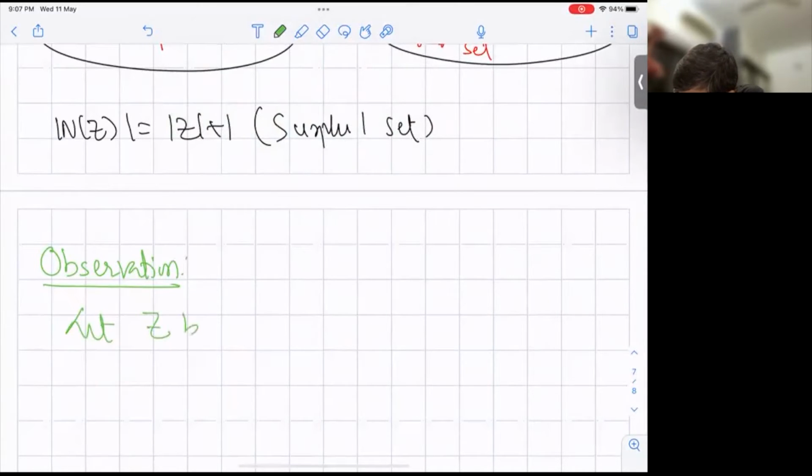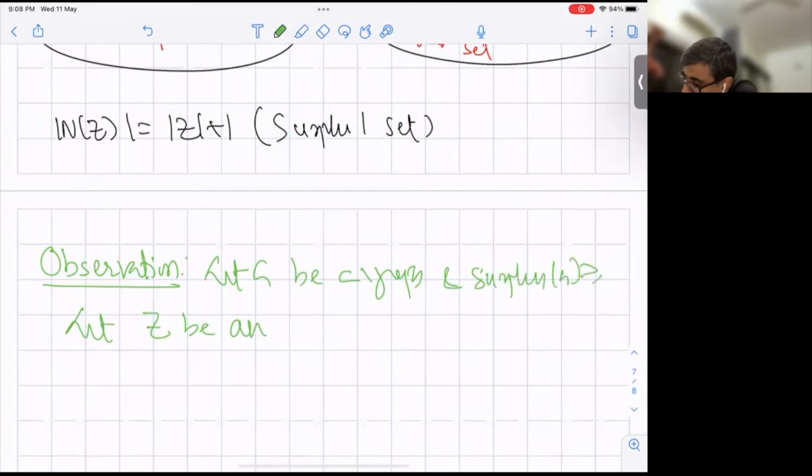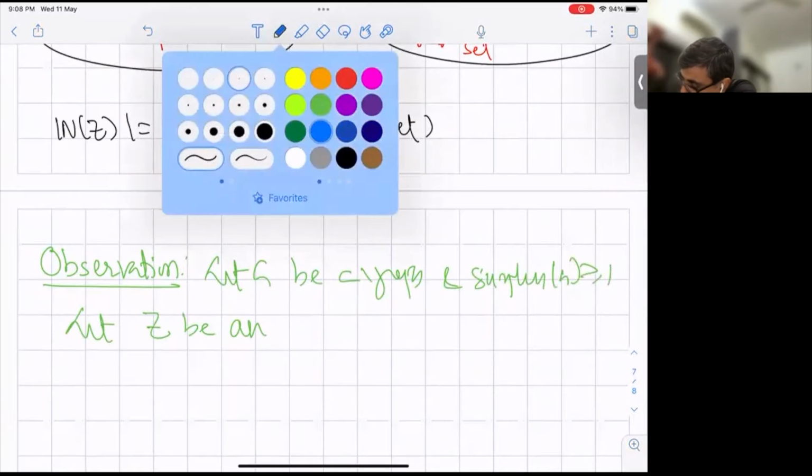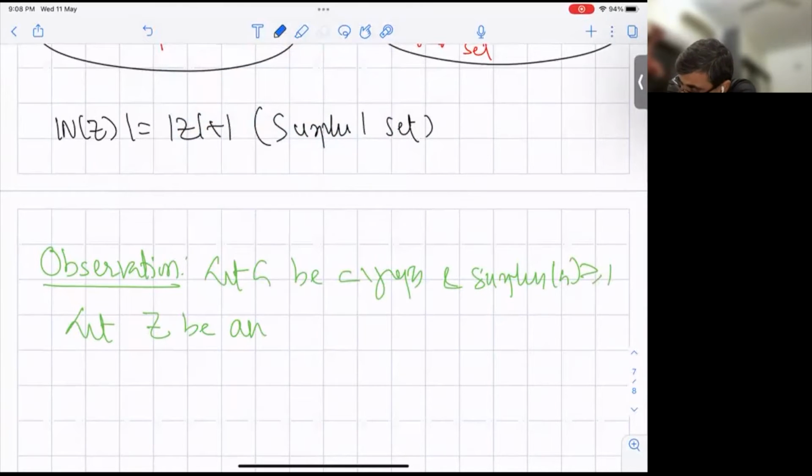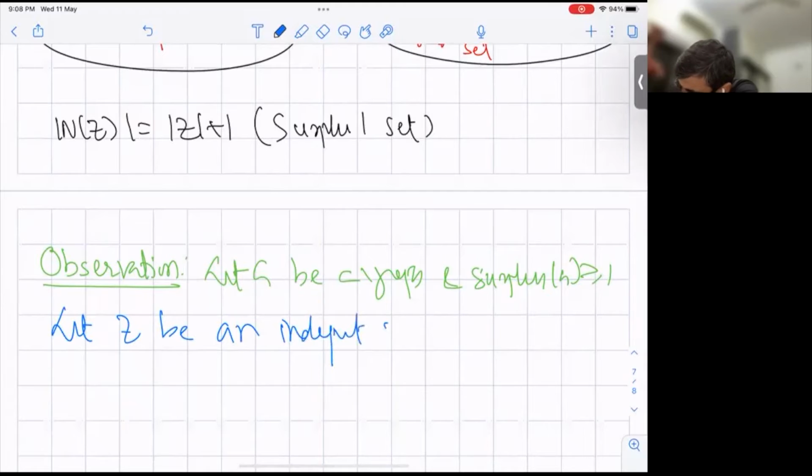Let G be a graph, and surplus of G is at least 1, and let Z be an independent set of surplus 1.